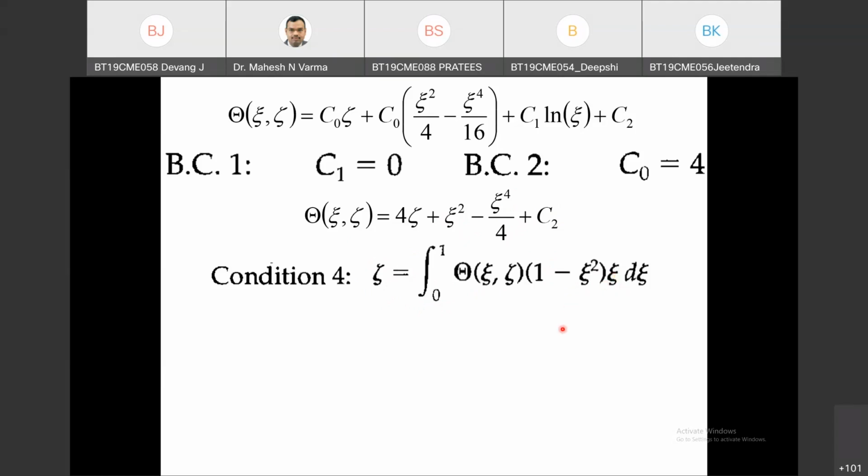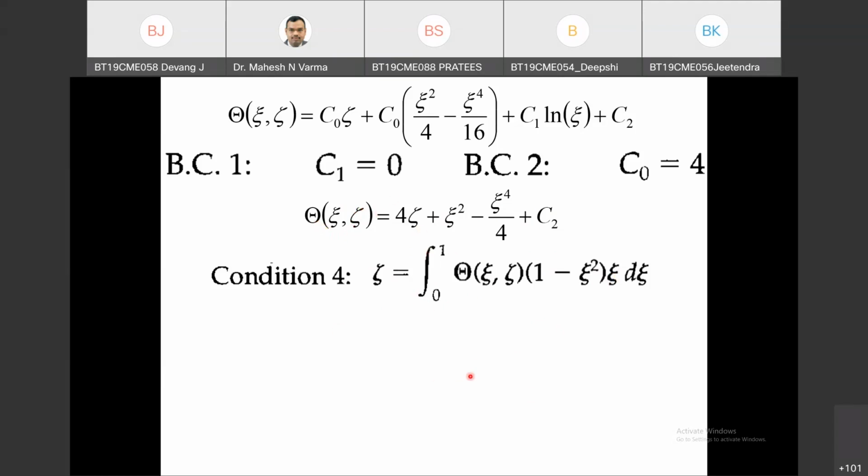This is condition number 4, the energy balance I already explained to you. So instead of using a boundary condition, we'll use condition number 4, boundary condition number 3. Only boundary condition number 3 is not sufficient to discuss the variation of theta with respect to zeta.